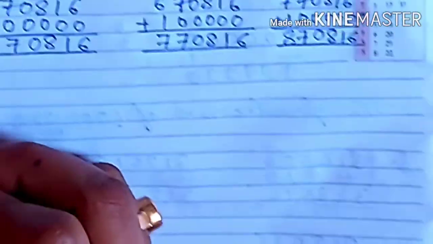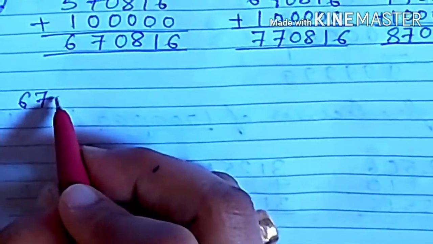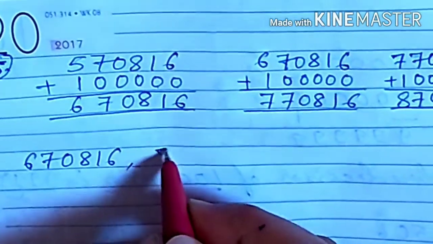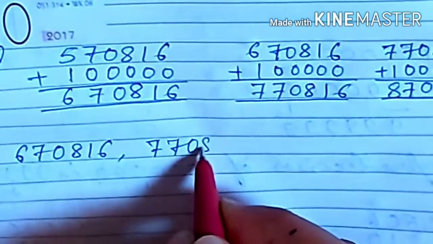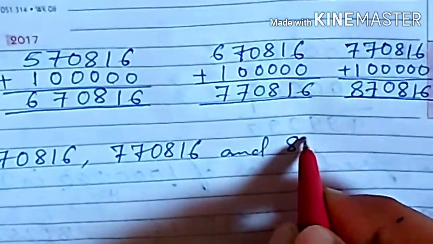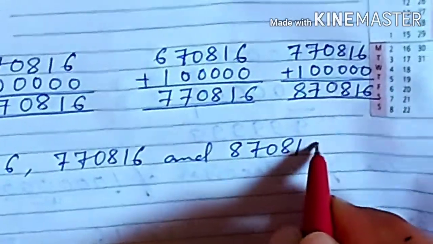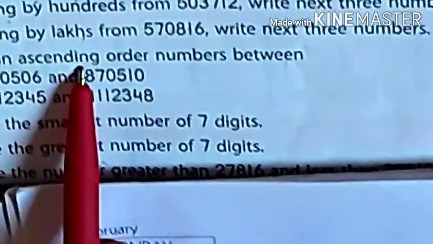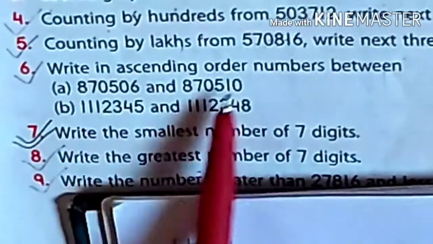So the answer is 6,70,816, 7,70,816, and 8,70,816.